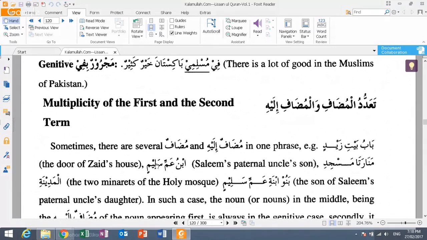More than one mudaf. Sometimes two, sometimes three, depends. So you can continue. This is the chain. First one is mudaf, second one is mudaf ilayh but mudaf for the third one, and maybe the third one is going to be mudaf for the fourth one. That we call chain of idafa.